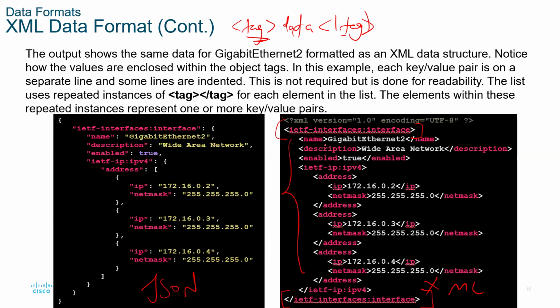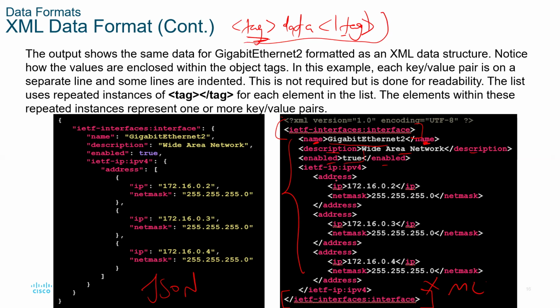Then we have an object. Then we have a key pair value. How do we define a key pair value? Kunok it is not separated by a colon, but it uses this same tag format as well. So this is the tag name and the ending of the tag name, and the data is in between. Description, wide area network. Enabled, a bit repetitive to us humans.